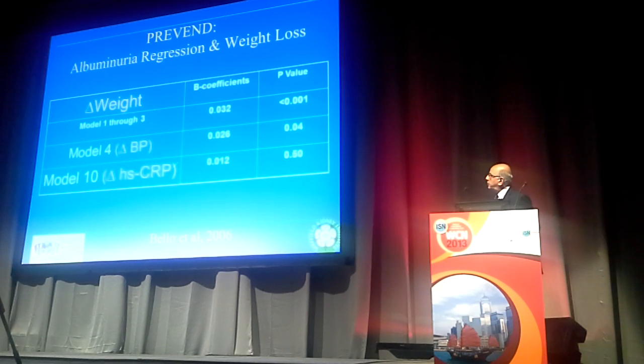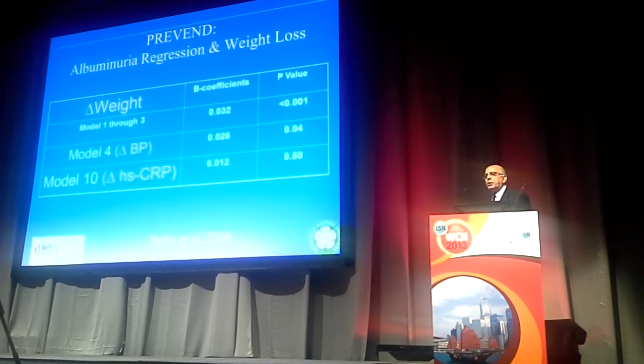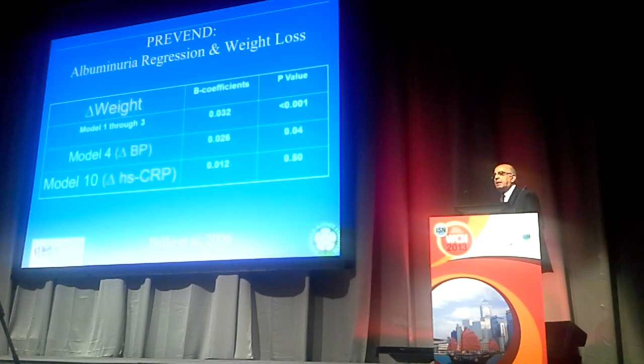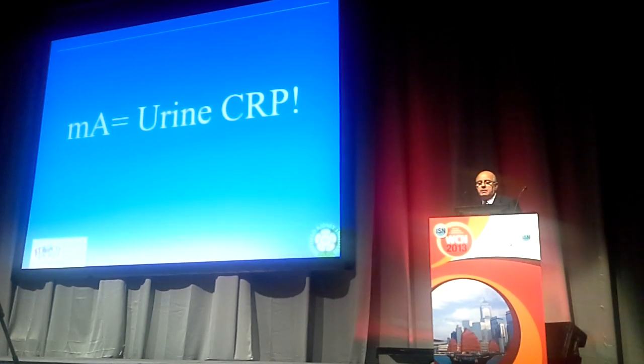But by multivariate analysis, there was no doubt that changes in blood pressure impacted considerably on the effect of weight loss on albuminuria. But moreover, changes in inflammation more or less explain the majority of the regression in albuminuria. So you could say that microalbuminuria is the urine CRP.